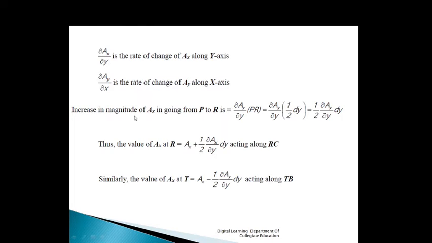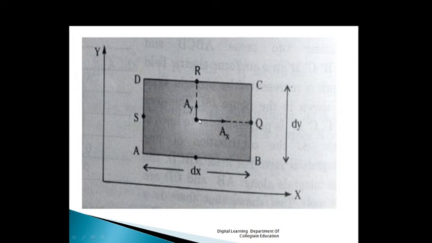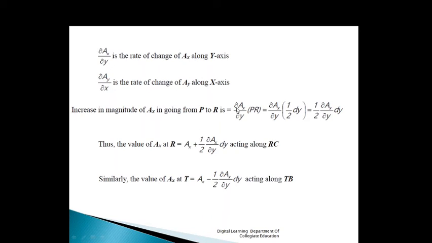The increase in magnitude of Ax going from P to R is ∂Ax/∂y times PR, equal to ∂Ax/∂y times half of dy, which equals half of ∂Ax/∂y into dy.